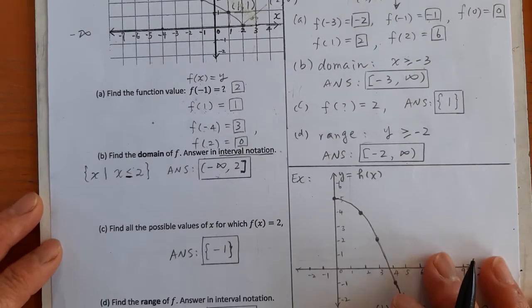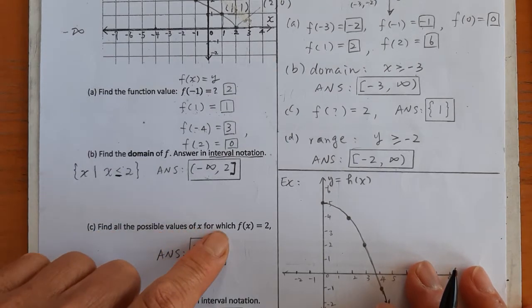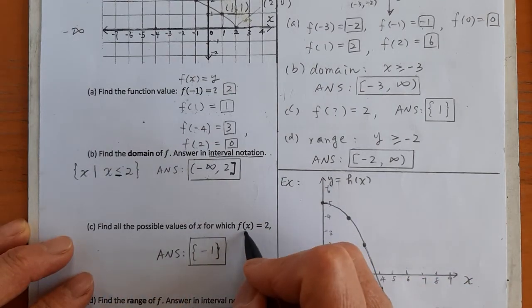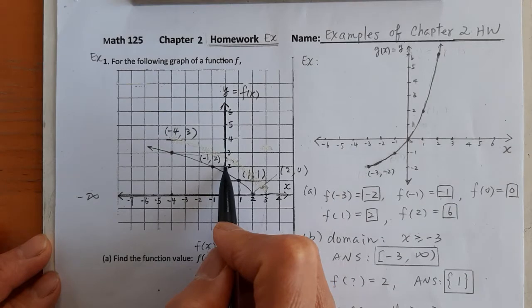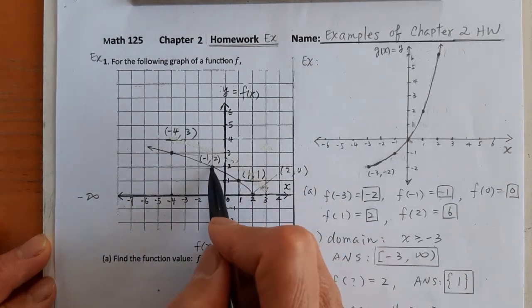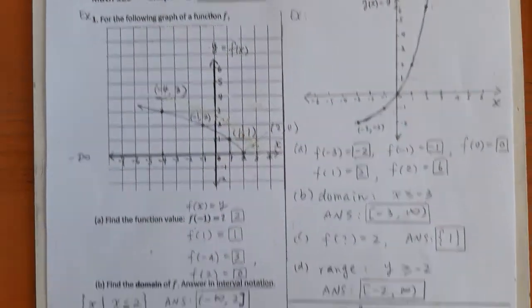The next one: find all the possible values of x for which f of x equals 2. So f of x is y, and y equals 2. You go through y equal 2 and draw a line, and it meets the curve at just one point. That point's x coordinate is -1.